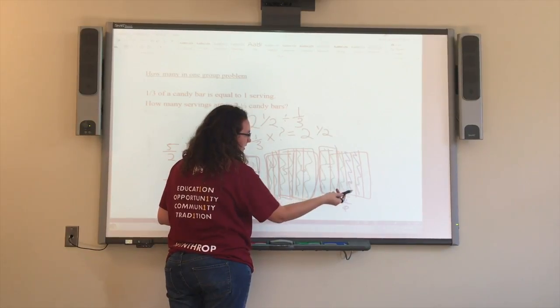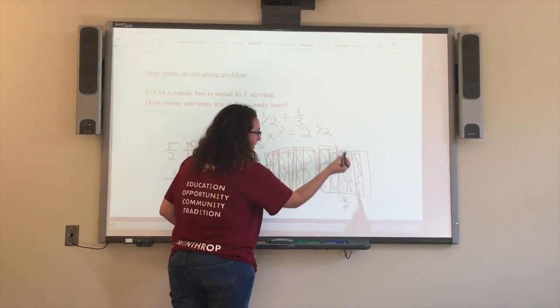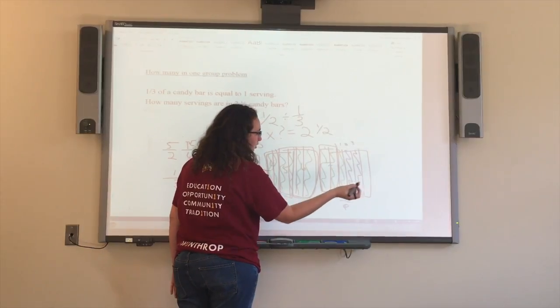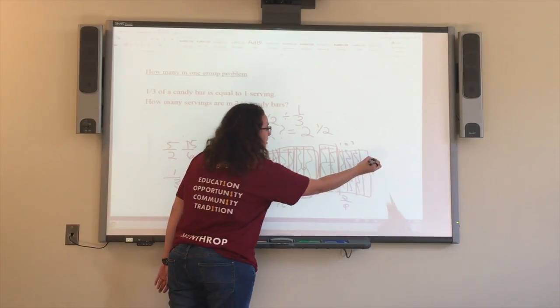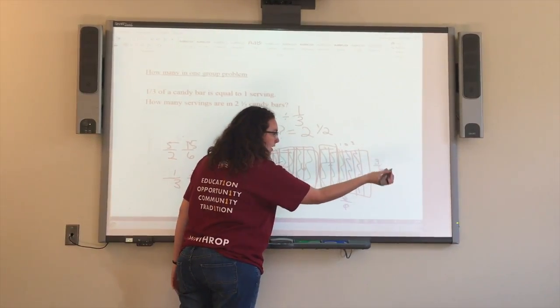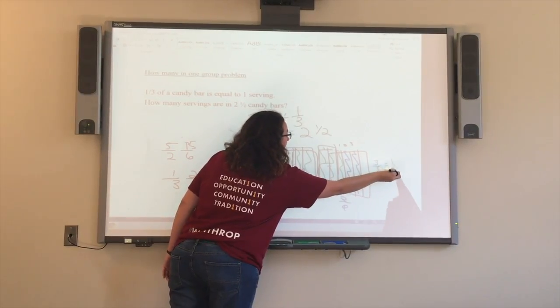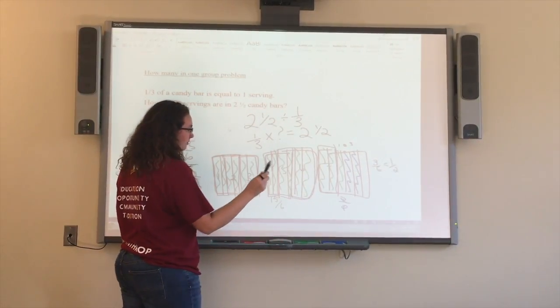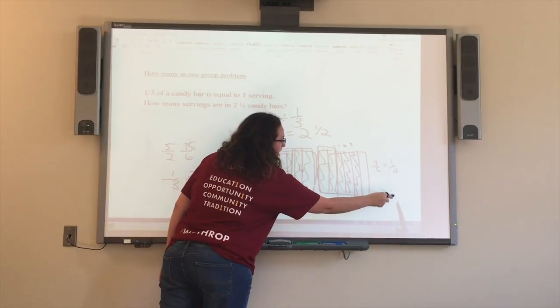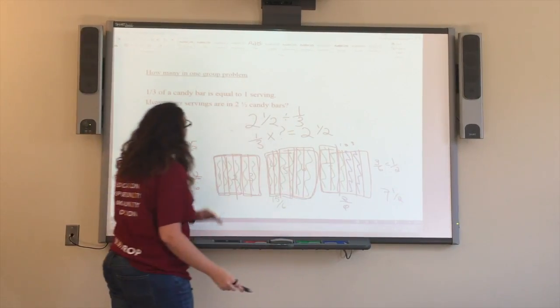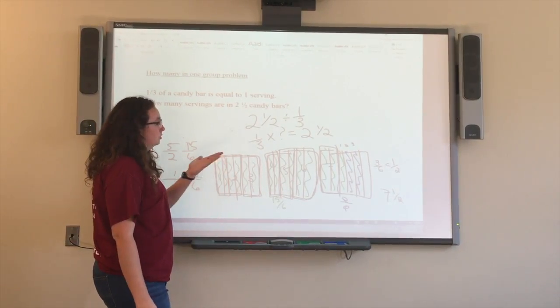All right, and then we have this little bit left over as well. We have 1, 2, 3 pieces left over out of the 6 that we sliced it into. Like on the last problem, we know that 3 out of 6 equals 1/2. So we're left with 7 1/2 servings is equal to 2.5 candy bars.